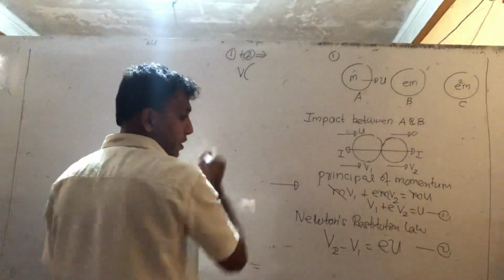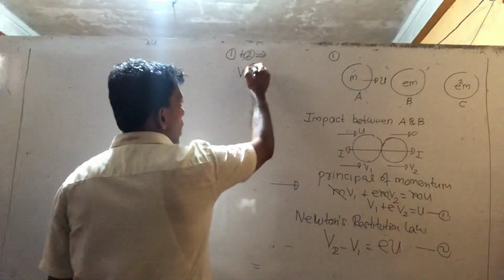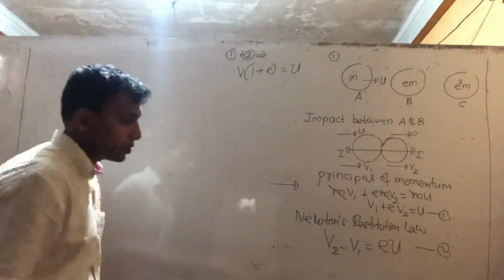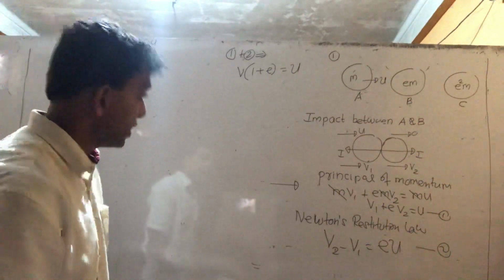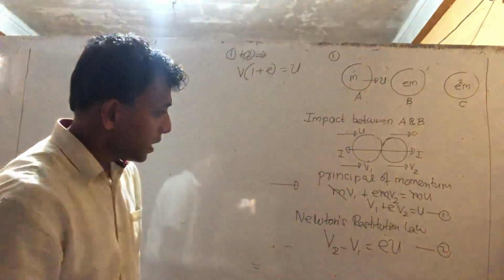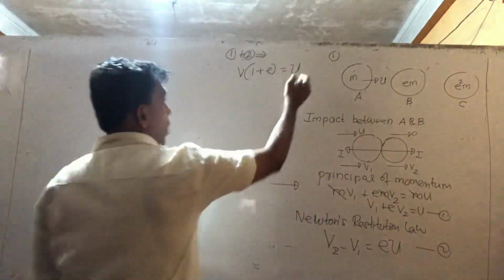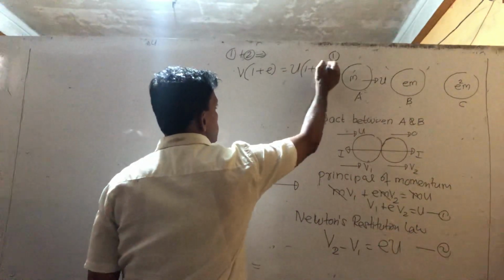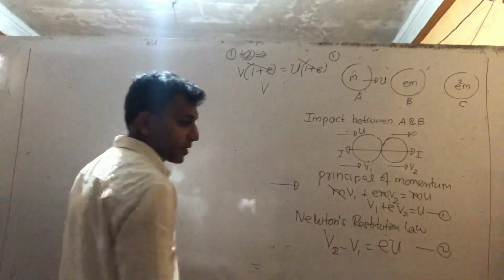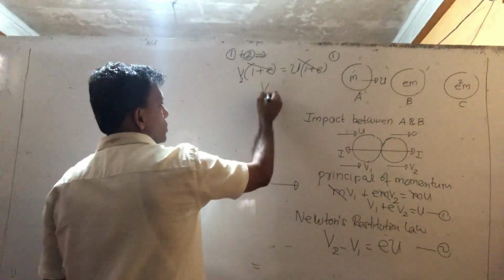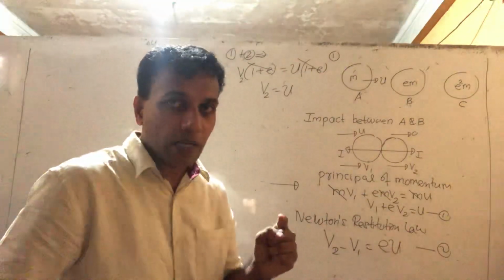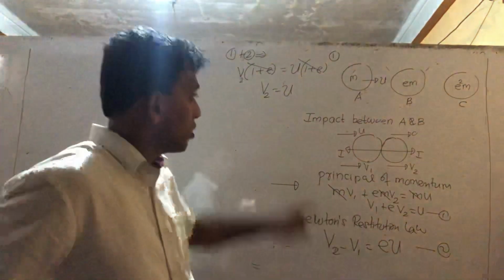We get v2 times (1 plus e) equals u times (1 plus e). Cancel the common factor (1 plus e). At both sides v1 cancels, so v2 equals u. That means after the first impact, B moves with the velocity u.